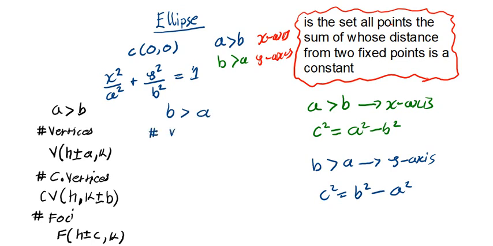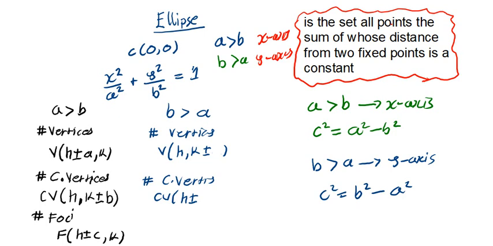Your vertices V are just going to be H comma K plus or minus A. Then your core vertices, CV, are going to be H plus or minus... wait a minute, this is not supposed to be A, sorry.